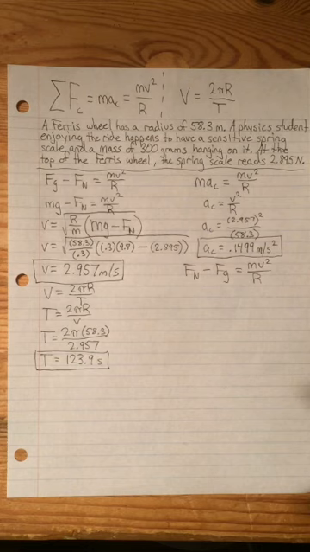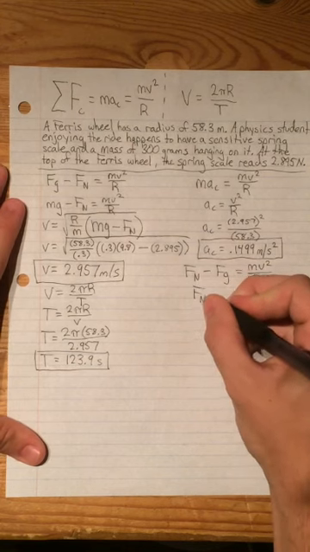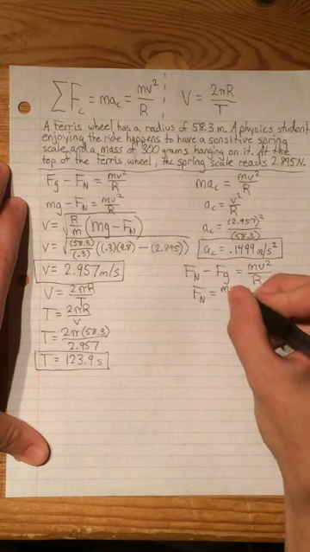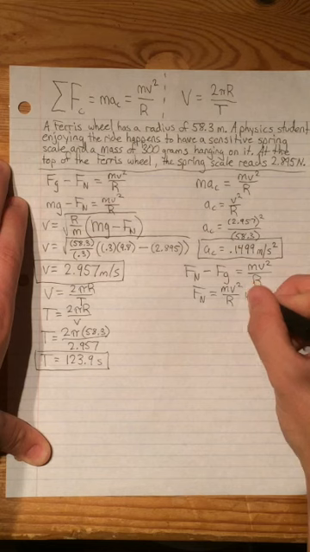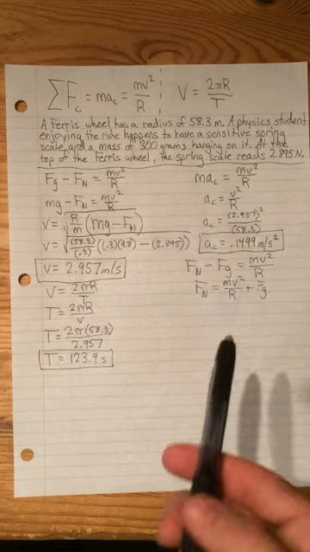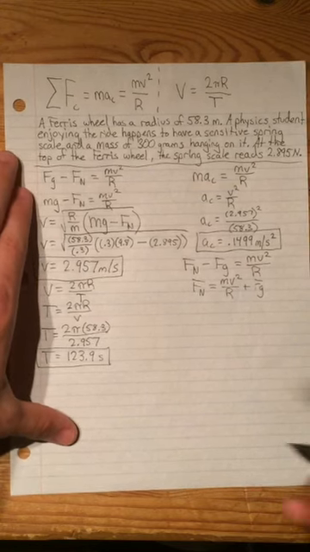And we're again going to find the normal force, since that's what the spring scale is reading. And all we have to do is move force of gravity to the other side, which we will be doing by adding. And again, our force of gravity is just equal to mass times the gravitational constant, which is 9.8.